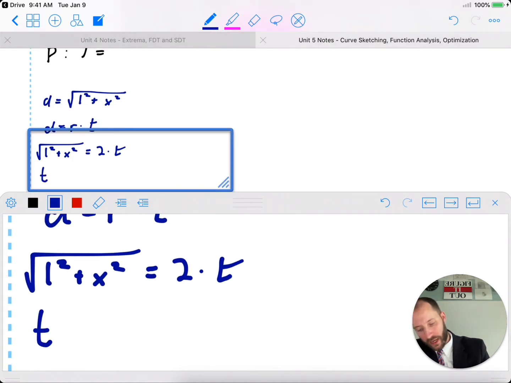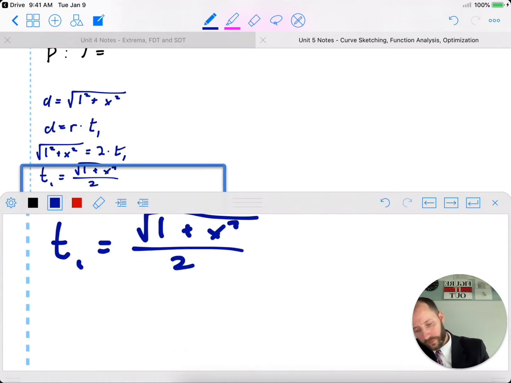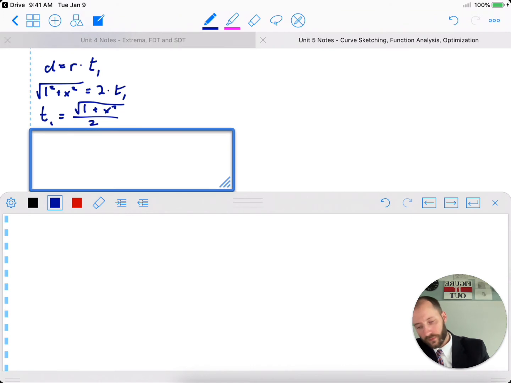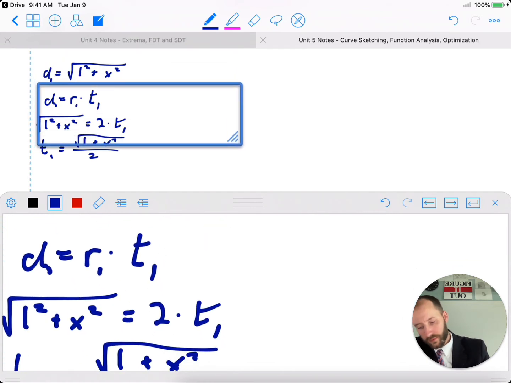Our first time, let's call this time sub 1, that's the time in the water. It's root 1 plus x squared over 2. We'll call this d1 also, and r1, why not?